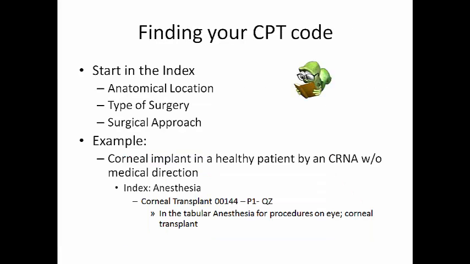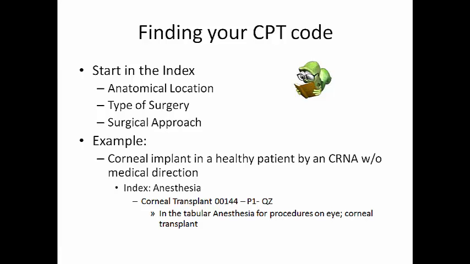So let's do just a couple of examples real quick, finding your CPT code for anesthesia. When looking up in the index, you always start with the word anesthesia, and it's very important to know the anatomical location of the surgery being performed and the surgical approach. In this example, a corneal transplant in a healthy patient by our CRNA without medical direction.